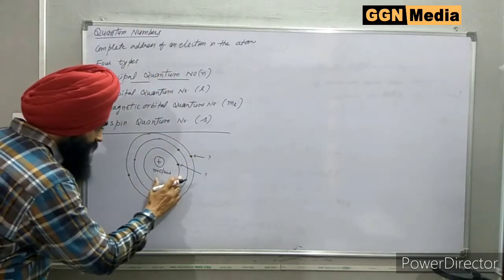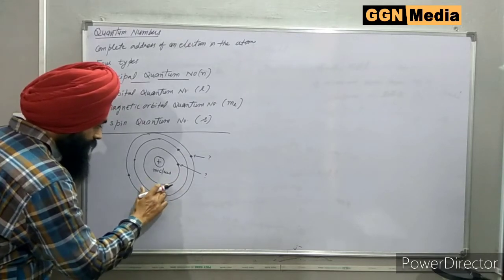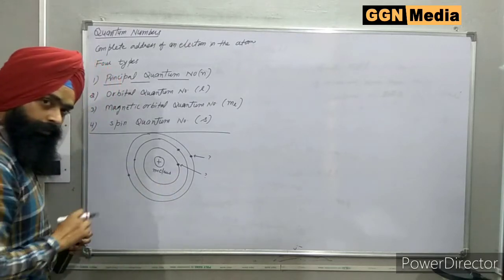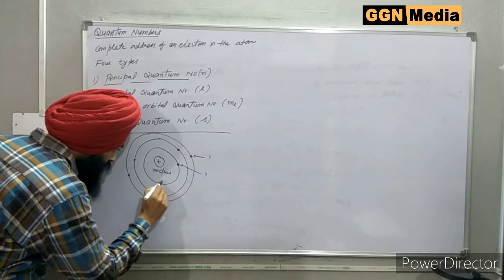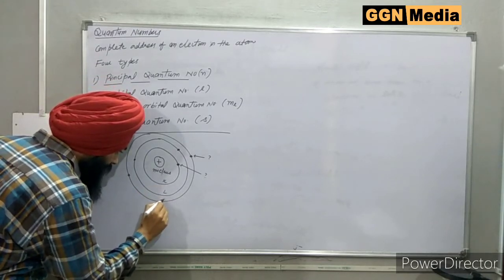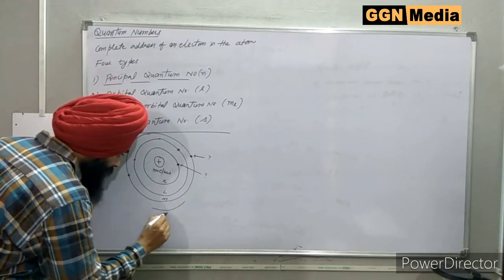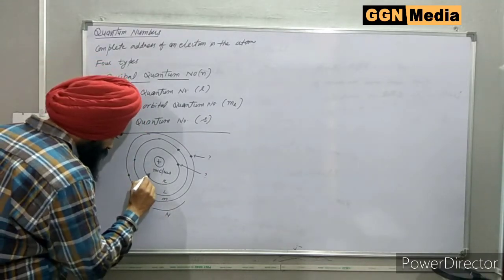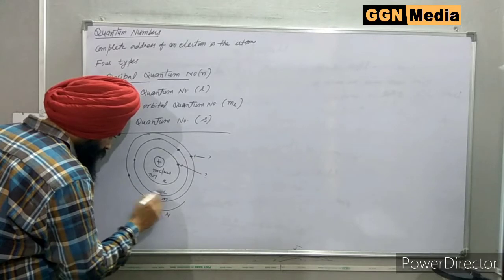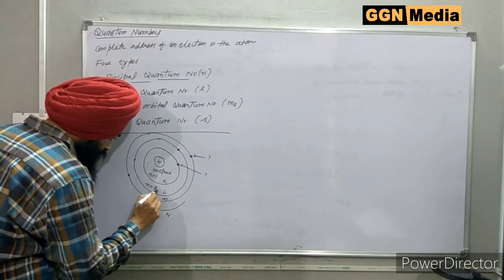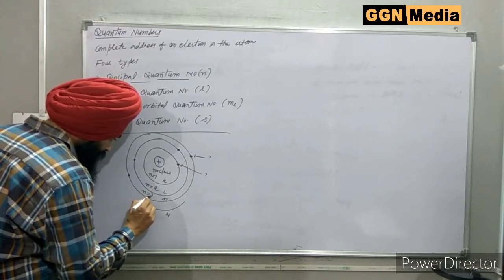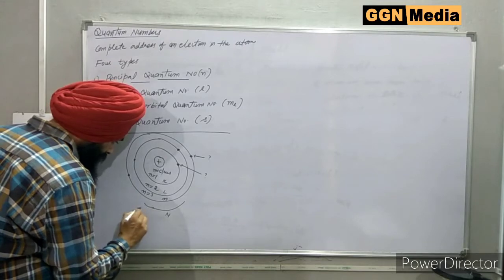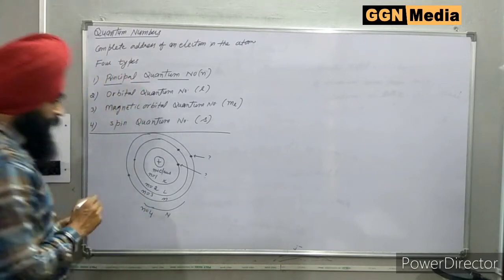So these are the principal shells, first, second, third. So this one is called K, L, M, and then we have N. For K, we have principal quantum number n is equal to 1. For L, we have n is equal to 2. For M, we have n is equal to 3. And for N, we have n is equal to 4.